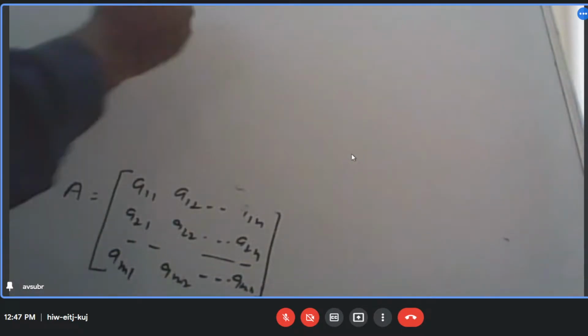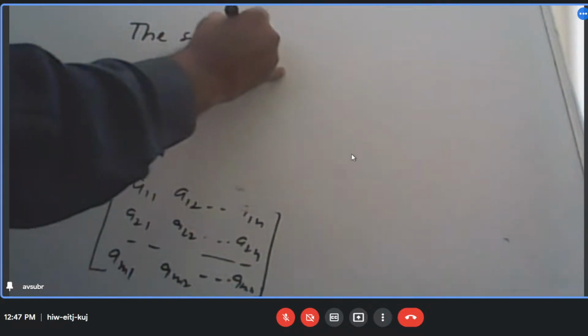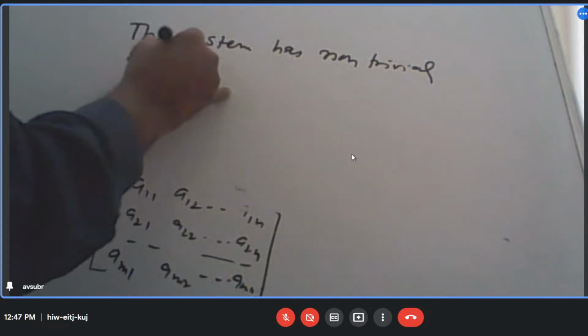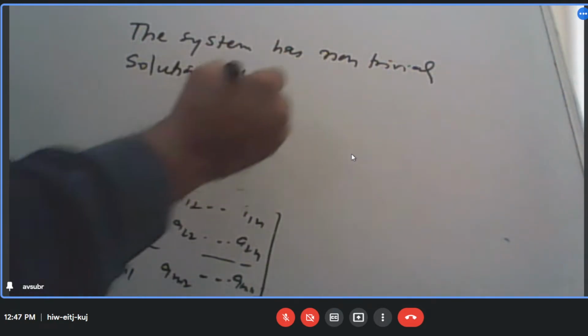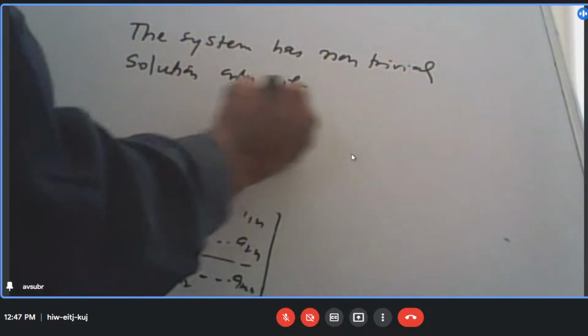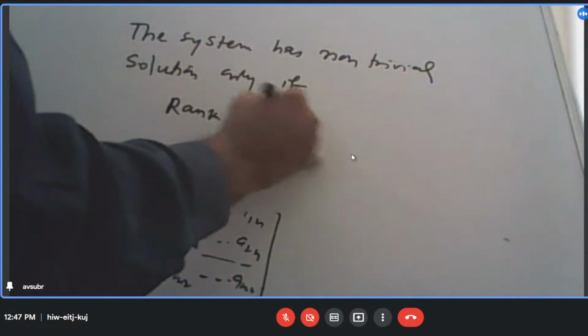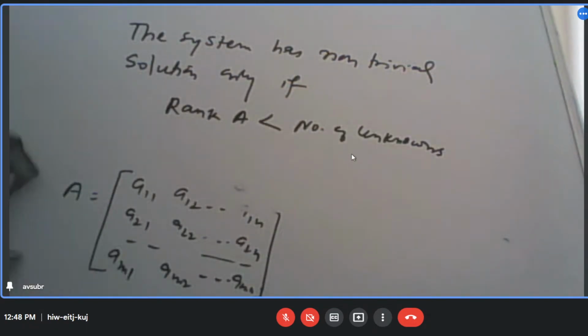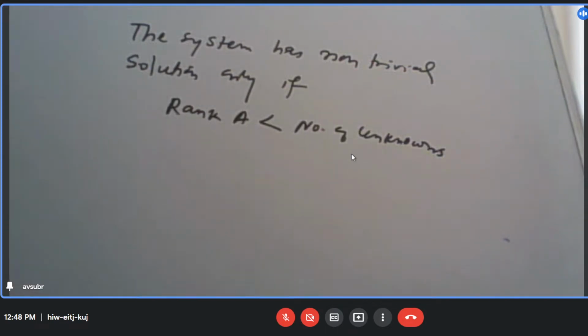The system has a non-trivial solution only if rank of A is less than number of unknowns. This coefficient matrix's rank should always be less than the number of unknowns, only then the system will have a non-trivial solution. Otherwise what will happen? 0, 0, 0 is always a solution, so the system is always consistent and the solution is 0, 0, 0.